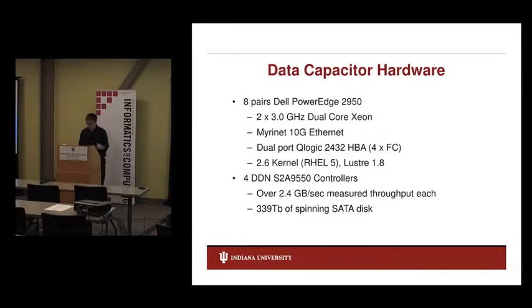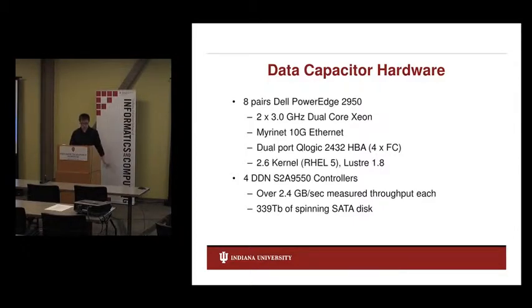So here I'm talking about the original Data Capacitor. There are 16 servers, or 8 pairs, and I alluded to this a little bit in the question that came up, and they're in failover. So if one fails, the other one can take over its resources. So there's no single point of failure in the object storage servers.